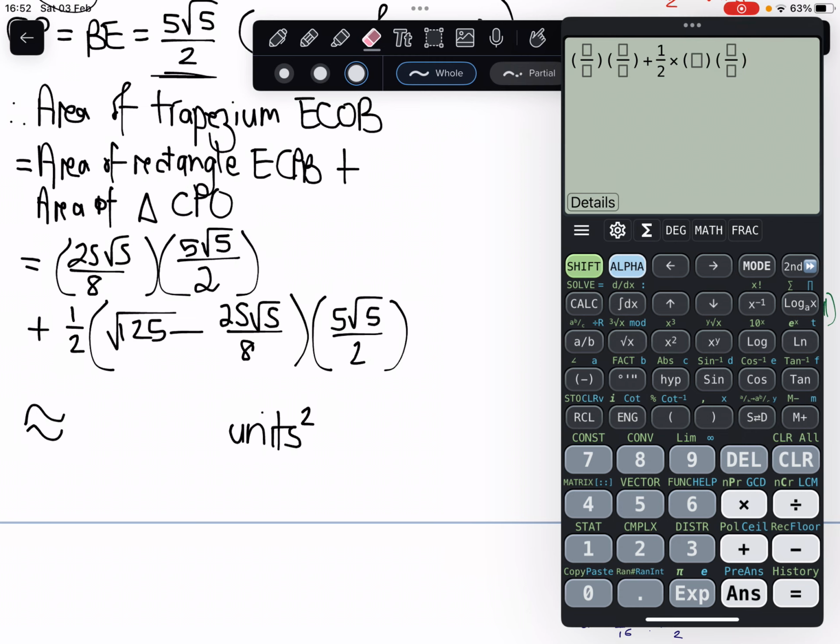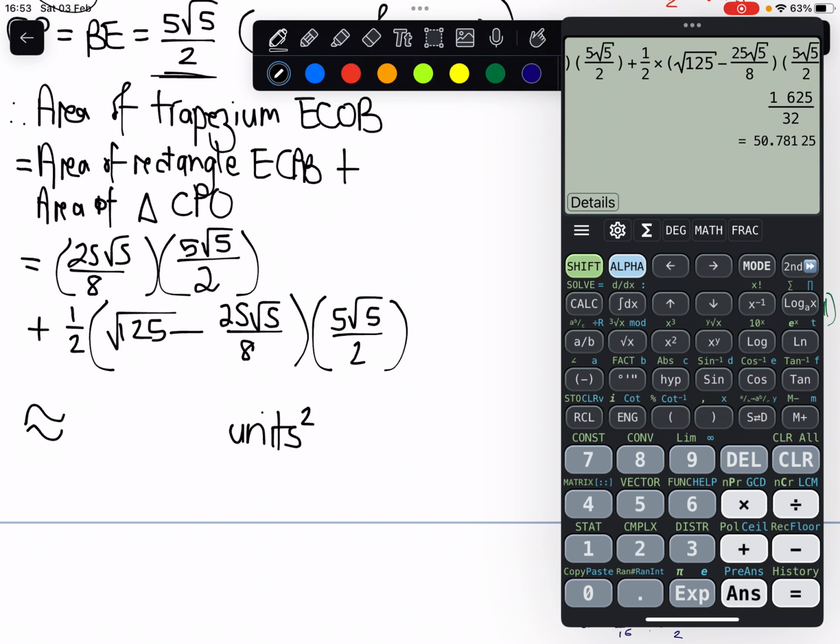Okay, so this is 25 root 5 over 8, 5 root 5 over 2, root 125 minus 25, oh, this is another fraction, 25 root 5 over 8, and this is 5 root 5 over 2. And now I do indeed get 50.8-ish.